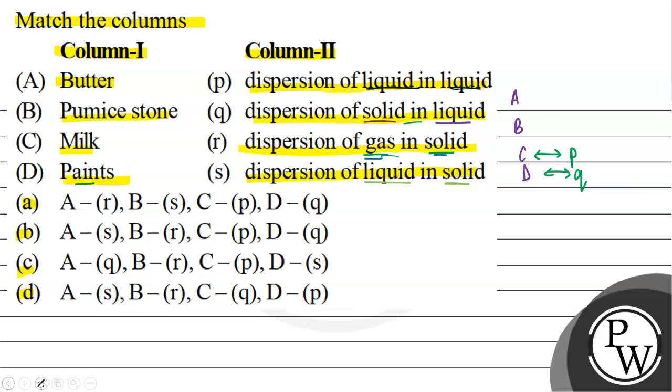So our pumice stone matches with gas in solid. Pumice stone is our option number B and gas in solid is R. So our B matches with R.